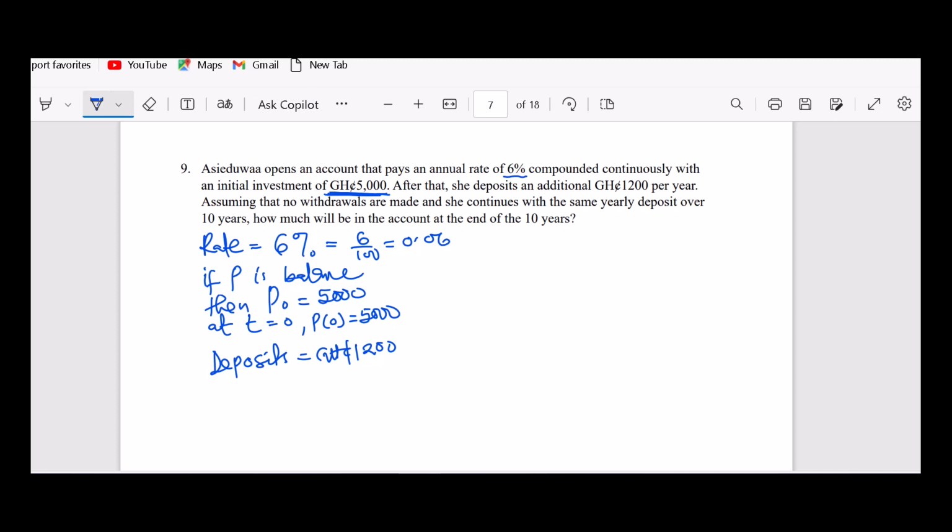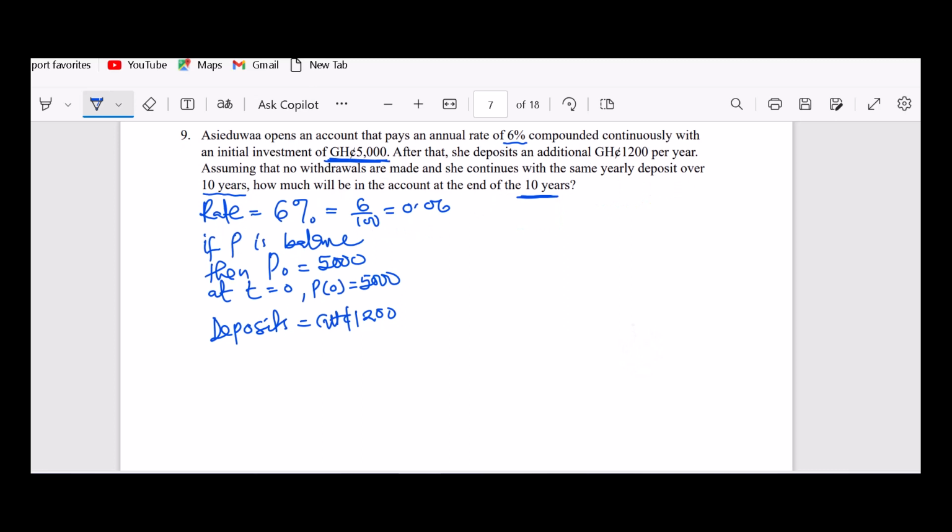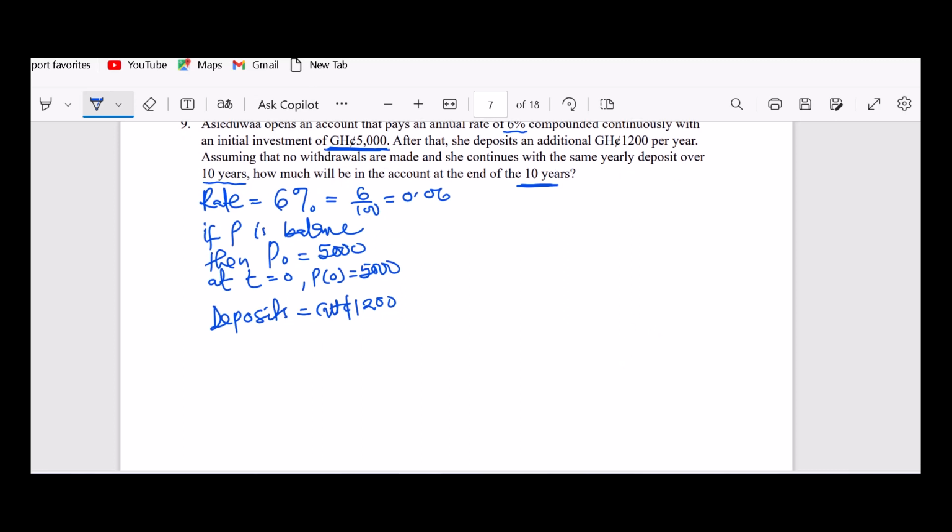Assuming that no withdrawals are made and she continues with the same yearly deposit over 10 years, how much will be in the account at the end of the 10 years? So we need how much she will have in her account after 10 years. That is all the question.